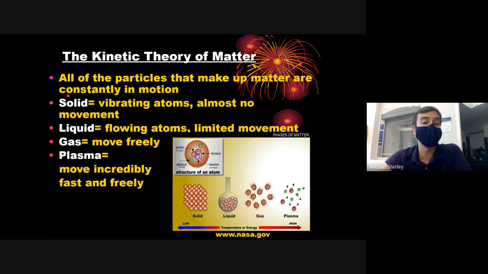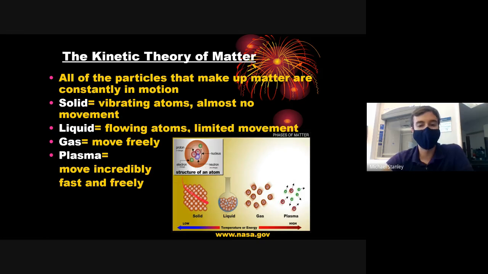So this is kind of the order of how fast and how much energy the different states of matter have. From the least amount of movement and sort of the slowest or lowest energy of the solids, increasing in motion and energy up to plasma.